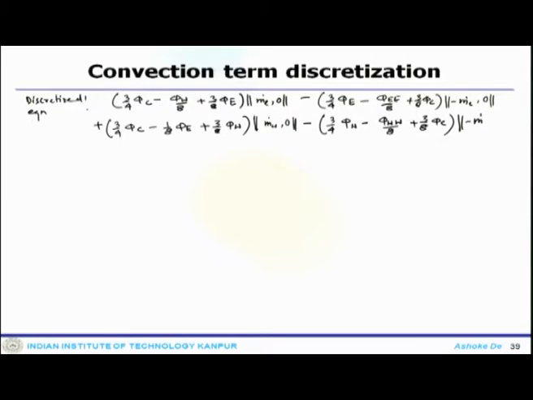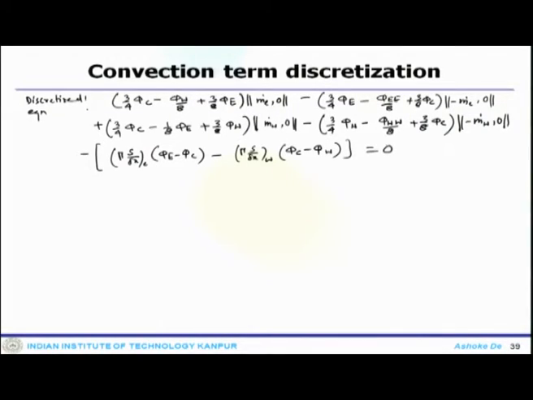phi WW/8 plus 3/8 phi C. So, this is all the terms we have calculated, now putting back in the discretized system, and then we are left with the diffusion term, which is gamma e A e by del x E (phi E minus phi C) minus gamma w A w by del x w (phi C minus phi W), which is 0.